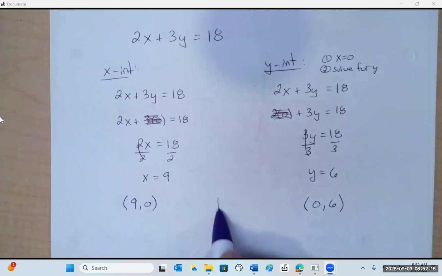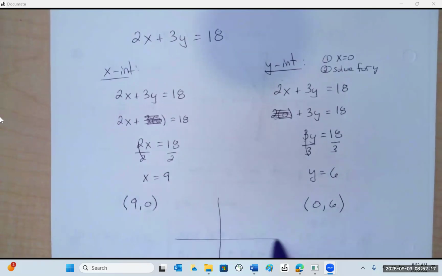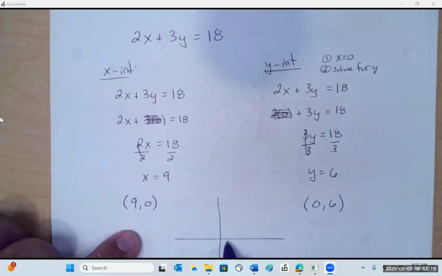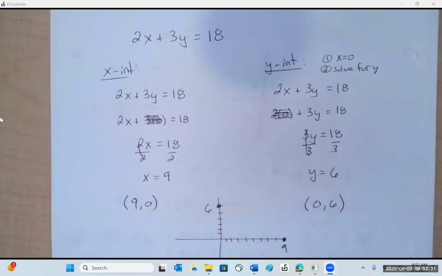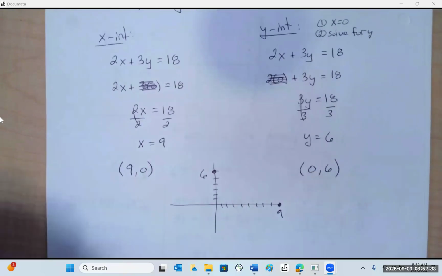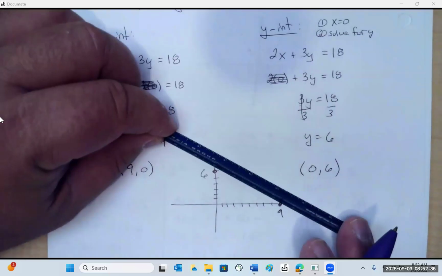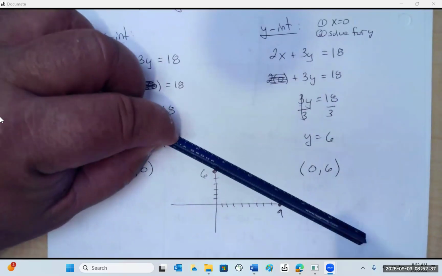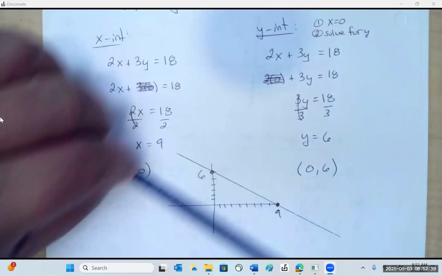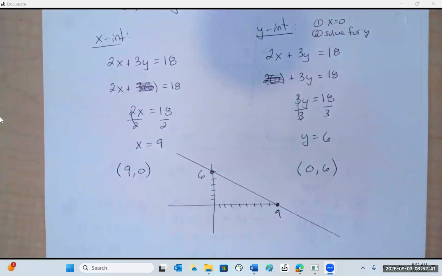So if we were to graph these two, 1, 2, 3, 4, 5, 6, 7, 8, 9. 1, 2, 3, 4, 5, 6. Connect the dots. And there's our graph.